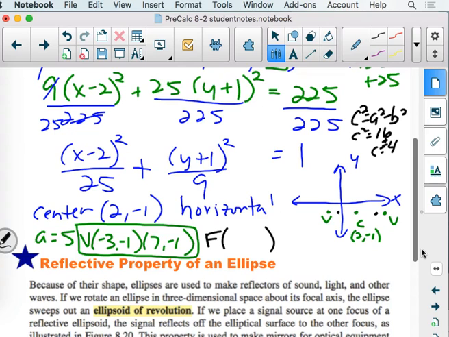There and there. 2 minus 4 would be -2, -1, because they all still lie on that horizontal axis there. And then we have 2 plus 4, which would be 6, -1. Or you can just kind of think, well, they're going to be inside these. And they have to be inside. When you're talking about ellipses, those foci are always inside the ellipse.